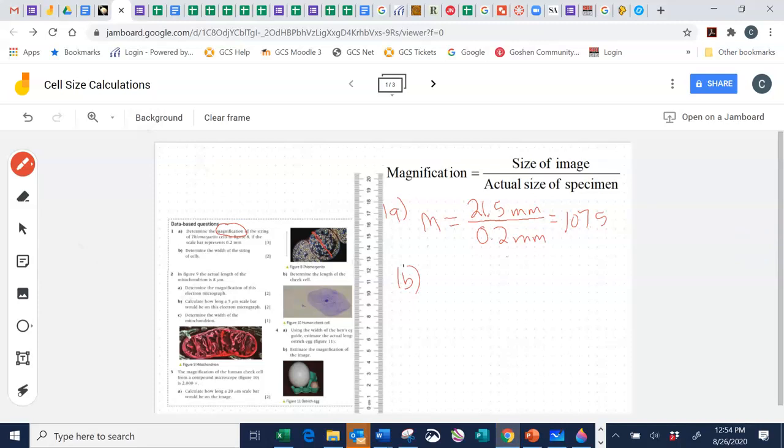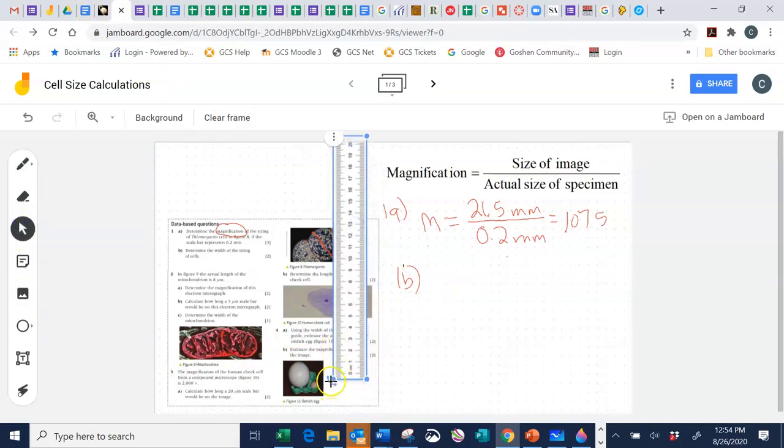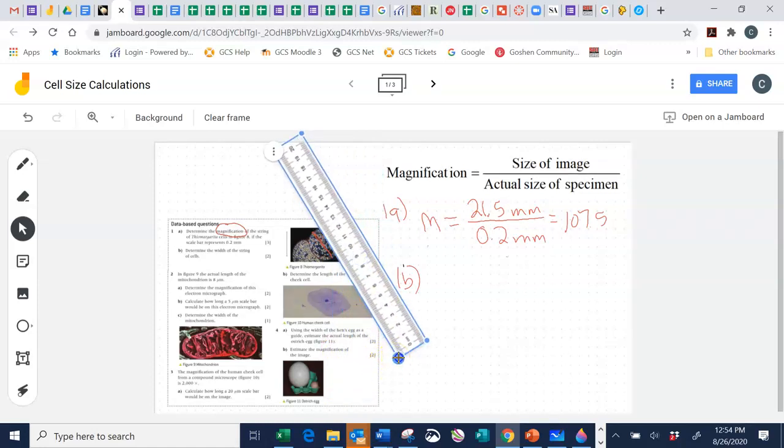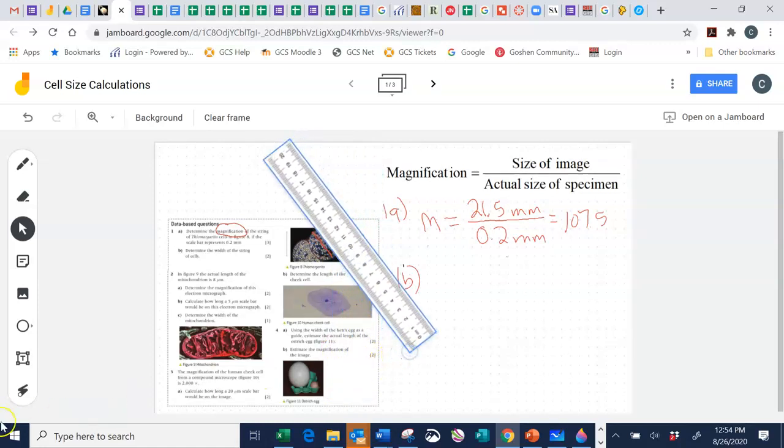And I used a ruler to do that, although it didn't end up looking real straight. But then I'm going to grab my ruler and I'm going to bring it over here and measure. When I measure the diameter or the width of this string of cells, I get about 30 millimeters.